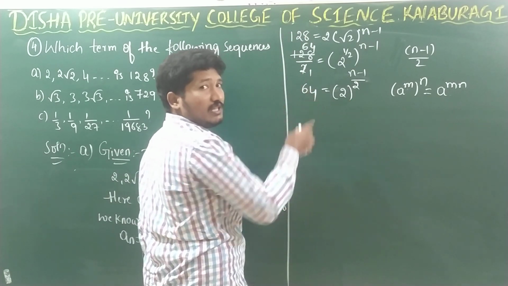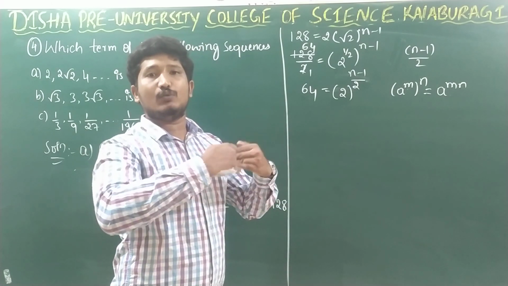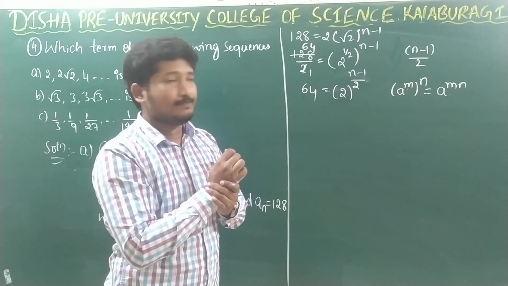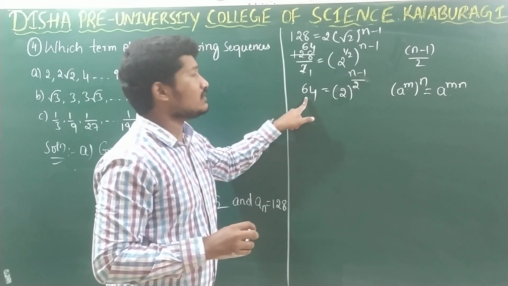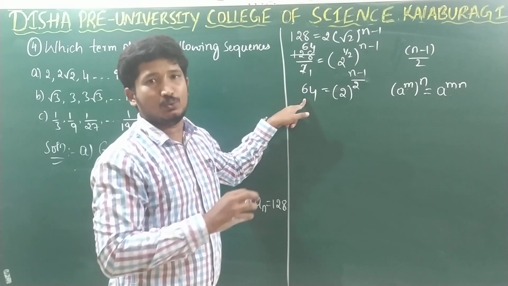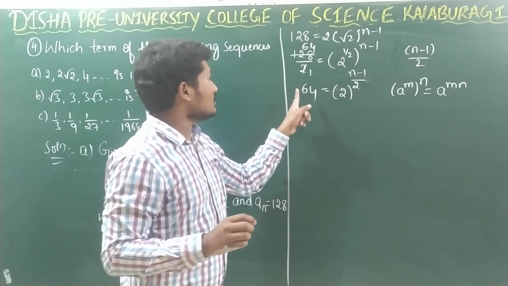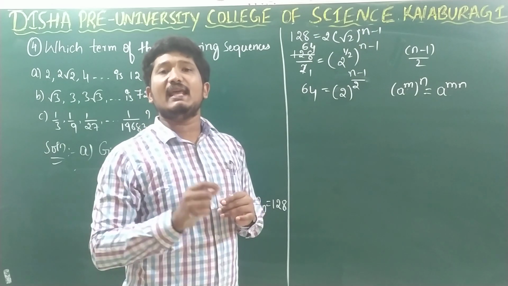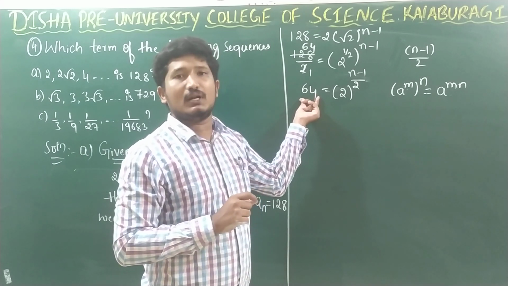Again the same thing. In the previous problem, what did we do? The LHS side is converted in terms of powers of 4. Here in the RHS side we have powers of 2. So let us convert this also in terms of powers of 2. How many times you have to multiply 2 such that you get 64 here, right? If you multiply 2 six times, you will get the value 64.